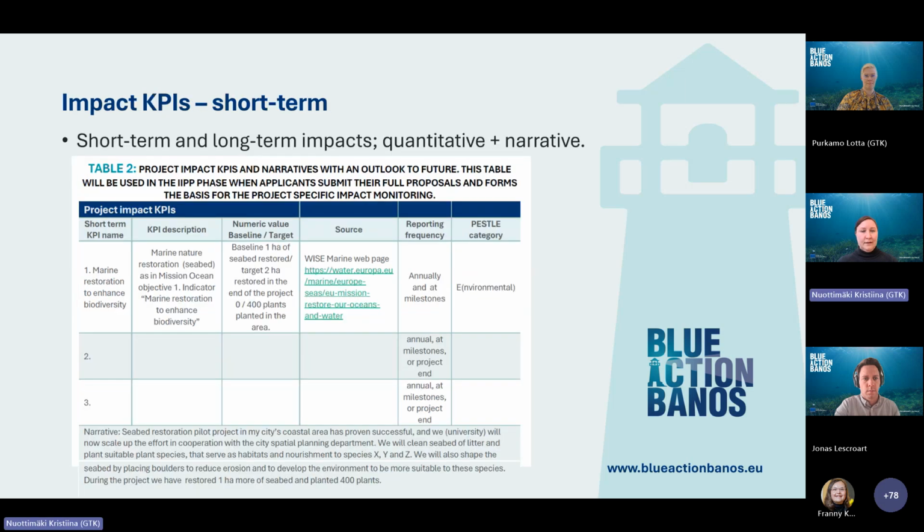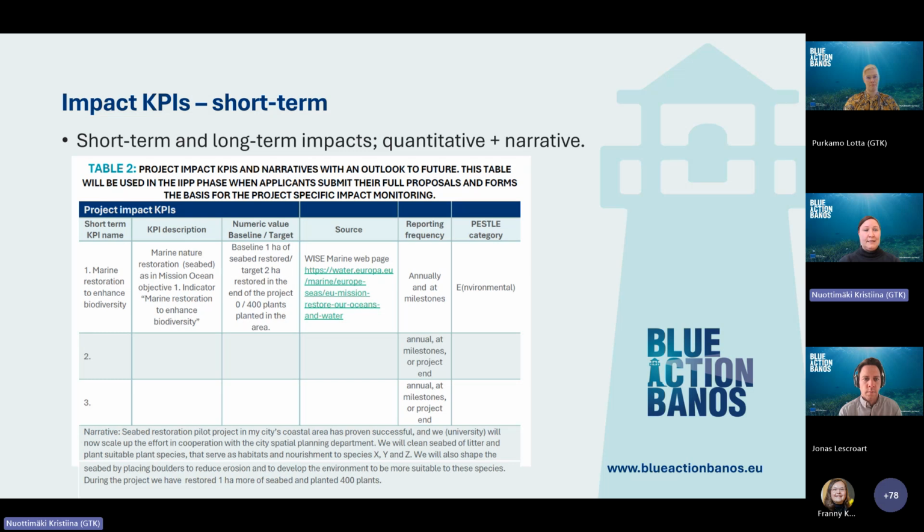And then we get to the really interesting part, the impact KPIs. So first, the short-term KPIs. These take place during the course of your project. And here we have made an example about marine restoration to enhance biodiversity, which would be the name of the KPI.